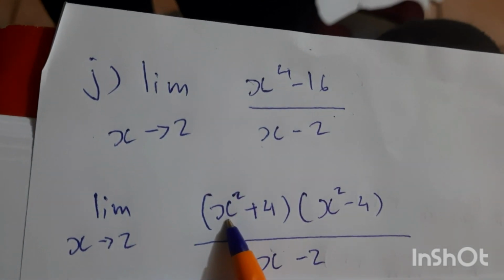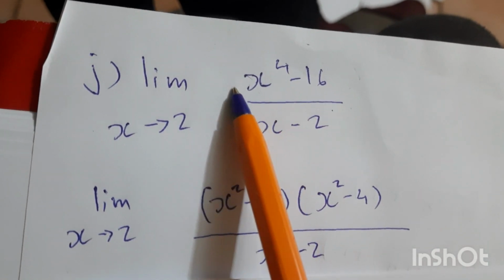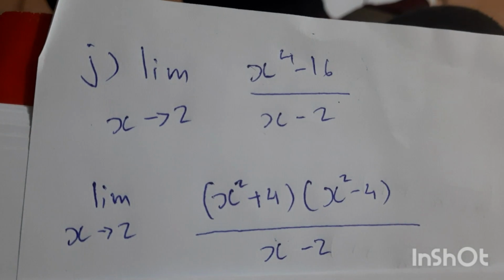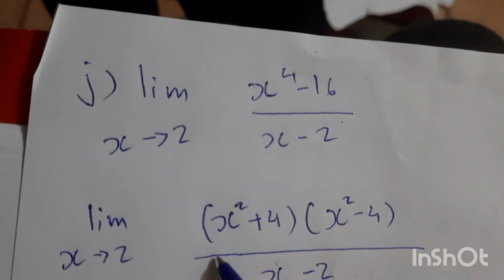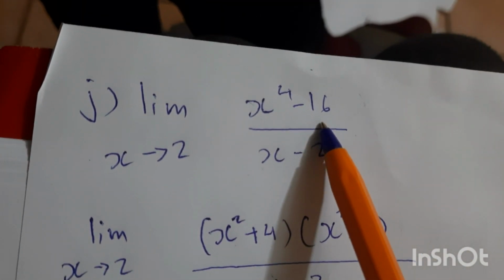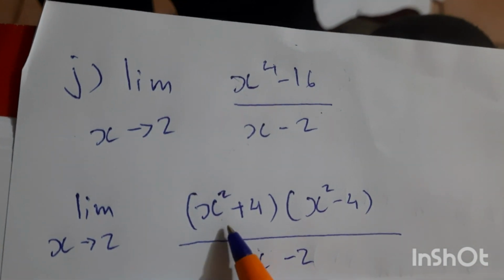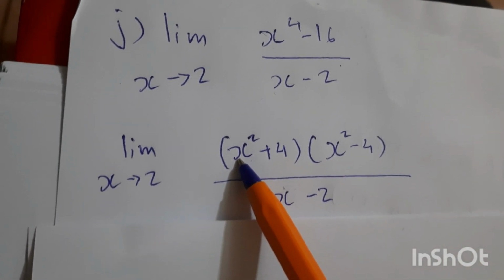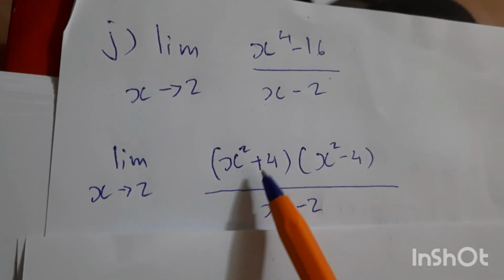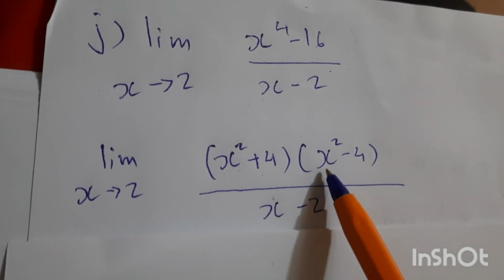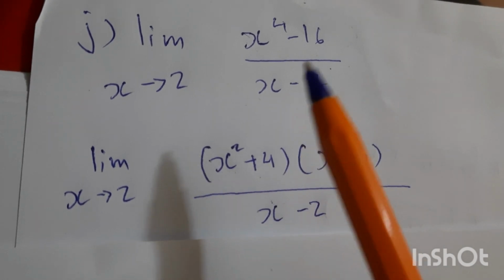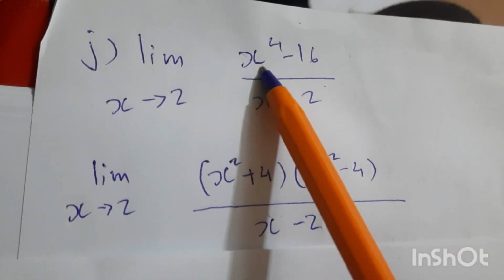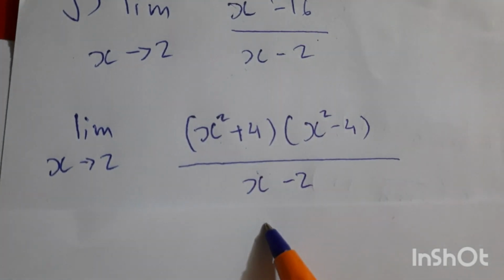If we break this down, what's the square root of x to the 4th? It's x squared, which is this one. And what's the square root of 16? It's 4, which is here. So we're just going to put it in this version. So it's x squared plus 4, all that in brackets, times x squared minus 4. If you multiply this out, it will take you back to this. And then the denominator stays as it is.